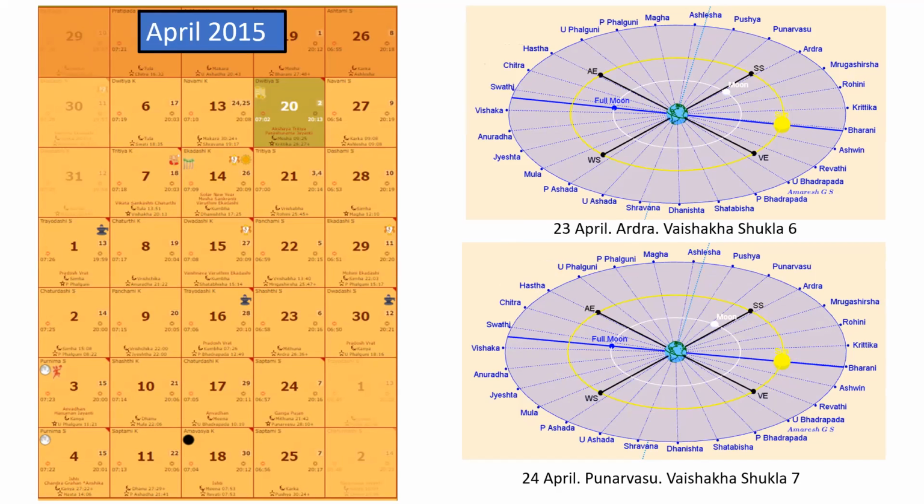So what did we notice? In a given month, or if we track the Indian lunisolar calendar for certain time, say through a couple of months, we will come across Adhika Tithi, Adhika Nakshatra, Kshaya Tithi, Kshaya Nakshatra, and something else we will note down is that the calculated mean position of the moon with respect to either a specific nakshatra or with respect to a specific tithi will not exactly match.